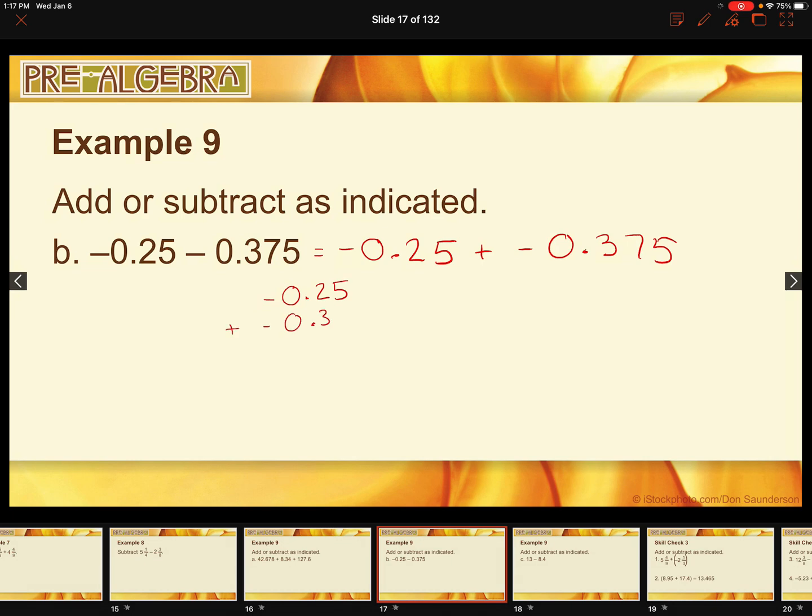So again, I'm lining up my place values. So I'm going to place a 0 after the 5. And I'm going to add like normal. And since they're both negative, it's a negative.